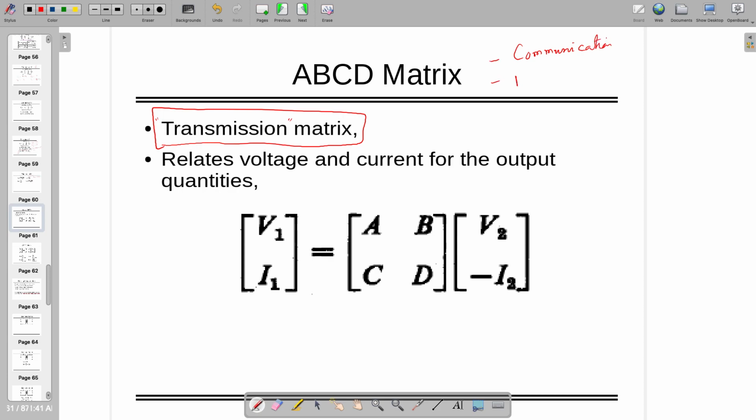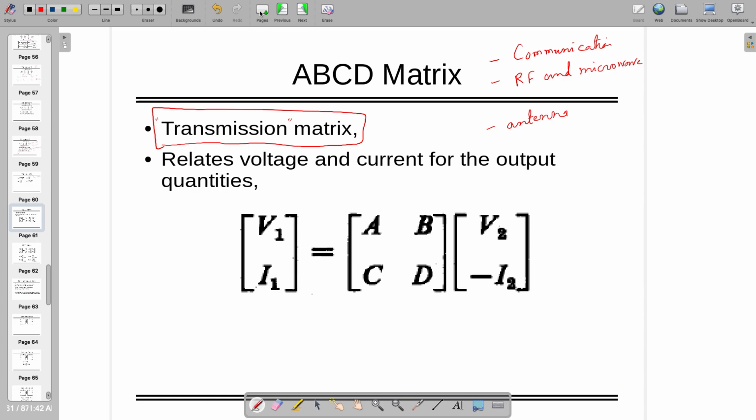If you want to go into RF and microwave engineering, or if you want to become a good antenna designer, you should use the transmission matrix. So this is fundamental for all the people who are going on the communication side. Then you should be an expert of this matrix.